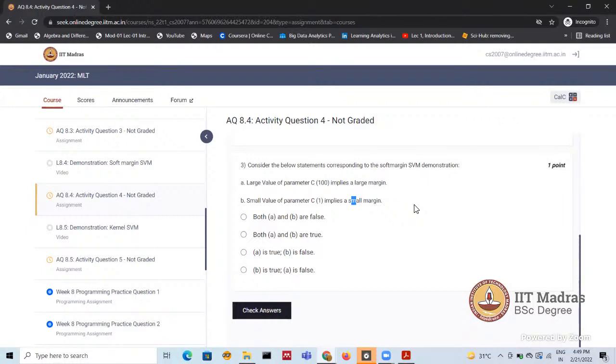Something which lies in the margin band will surely not be misclassified, because the classification is done with the help of the hyperplane. So just because something lies within the margin and it will be misclassified is a wrong notion. Oh, I see. Okay. The last thing you do is the sign of y dot all that. So these margins are just a tool to obtain that hyperplane. All that classification is done in terms of the hyperplane only.